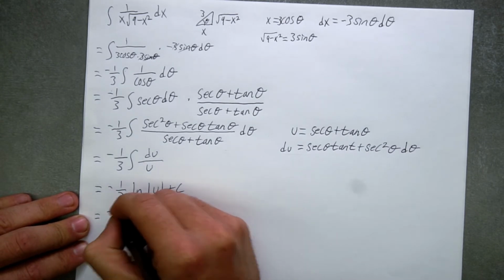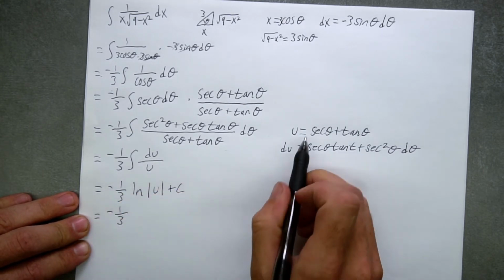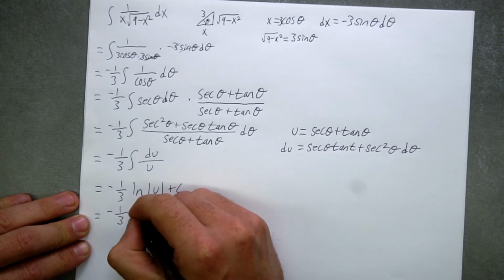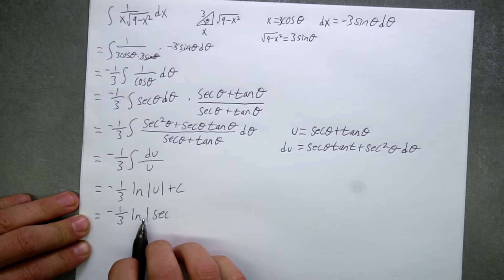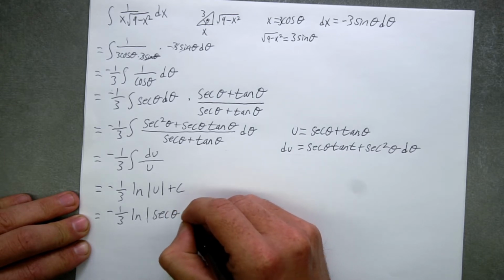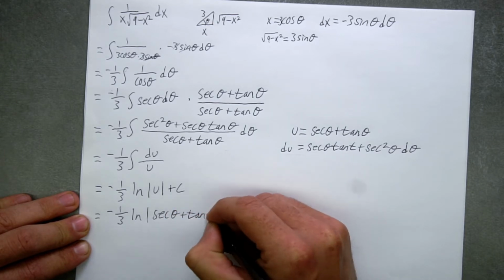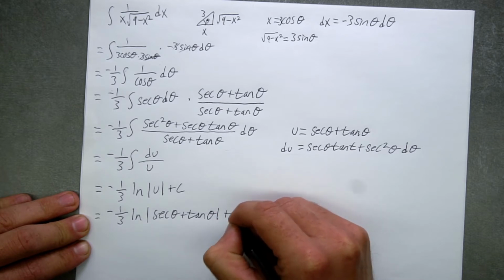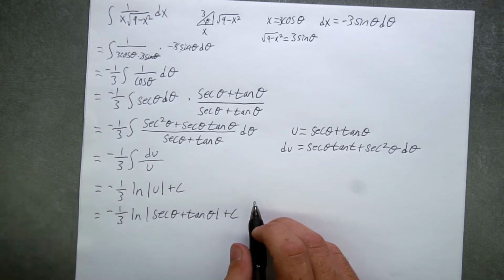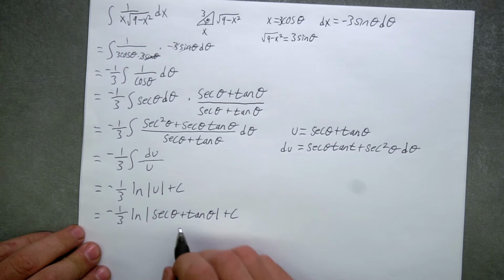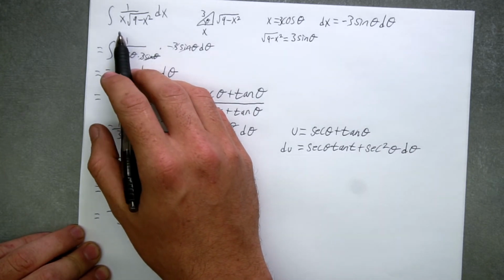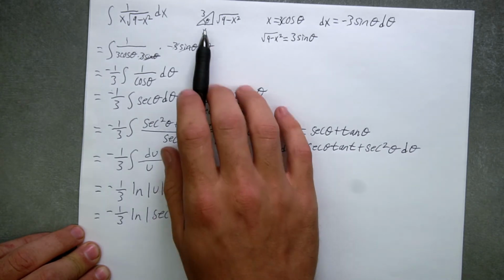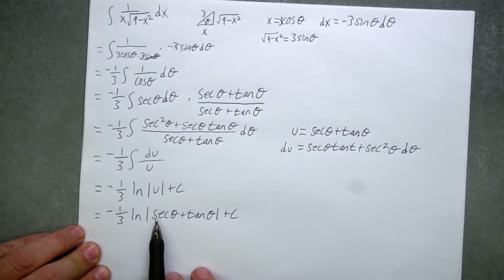This is then equal to negative 1/3, making the substitution back, ln of secant theta plus tangent theta plus c. Now, in order to get from the theta domain back to the x domain, how the problem was initially posed, we have to solve using the triangle that we used before for secant theta and tangent theta.